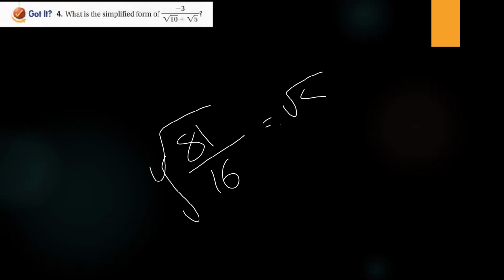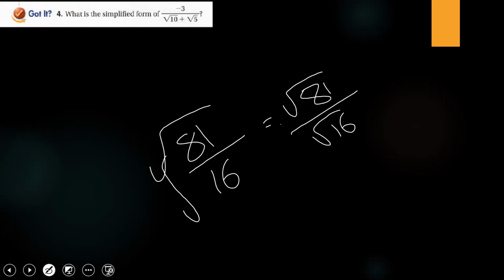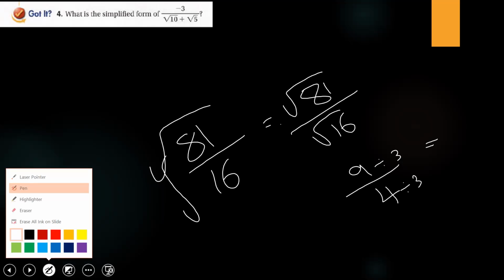Okay, it's square root of 81 over square root of 16. What is the square root of 81? 9. And of 16? 4. Right, we stop here. Teacher, this is only? Yes. Is there any common number that if you divide them by the same, you can simplify it more? No. You cannot simplify this one. Okay, teacher, thank you so much.